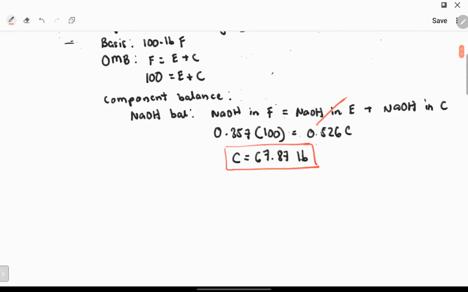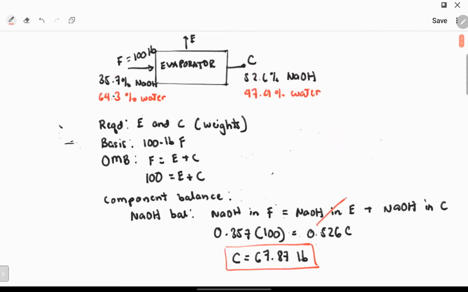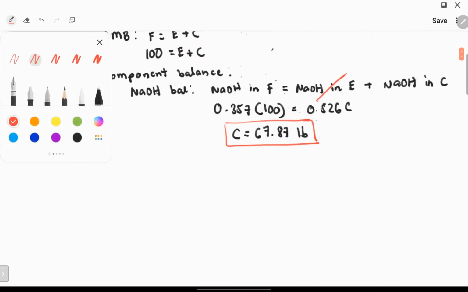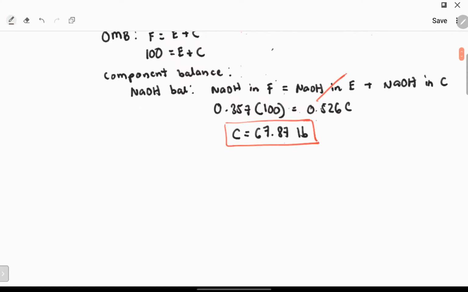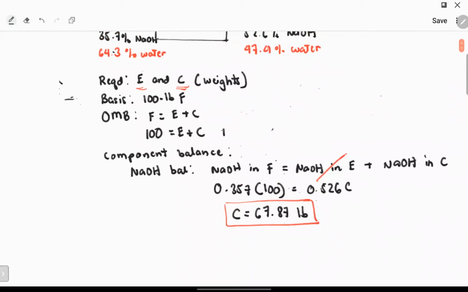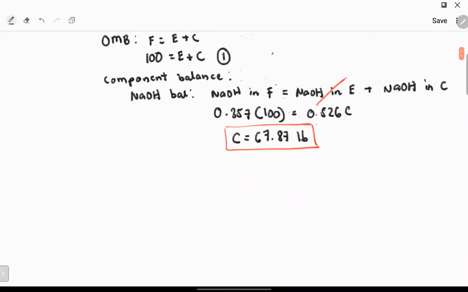Now, ano pa ang ating hinahanap? So after looking for the amount of concentrate, yung evaporate naman tayo. For the evaporate, what can we do? Well, all you have to do is to substitute this value of C. Let's say this is your equation 1, yung ating overall material balance. So what we can do is substitute C in equation 1.